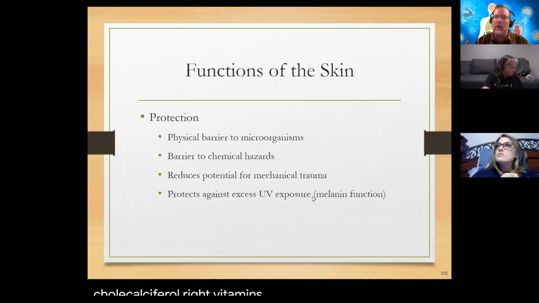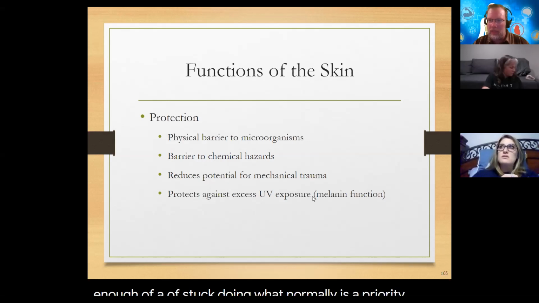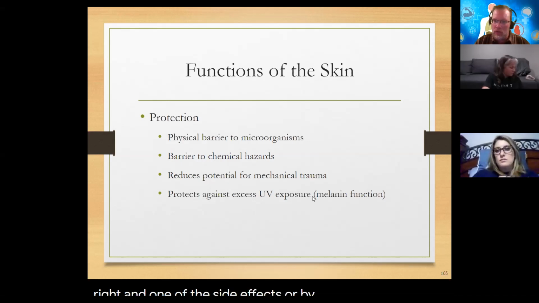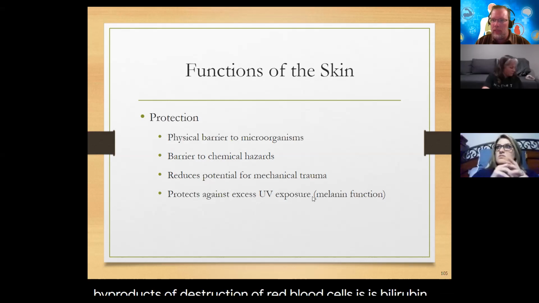That can be enough, as the liver is stuck in one job. It's stuck doing what is normally a priority at number 5 or 6: the liver destroys red blood cells, right? And one of the byproducts of the destruction of red blood cells is bilirubin, which is the pigment.